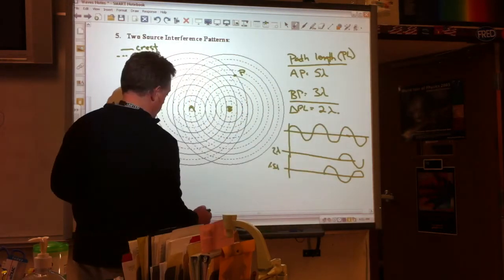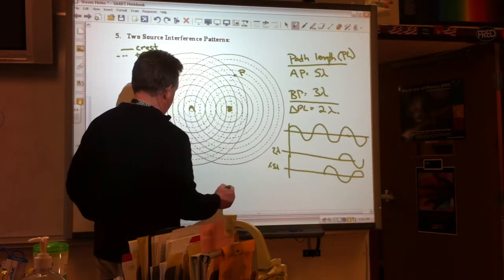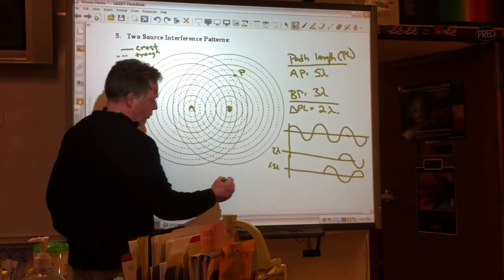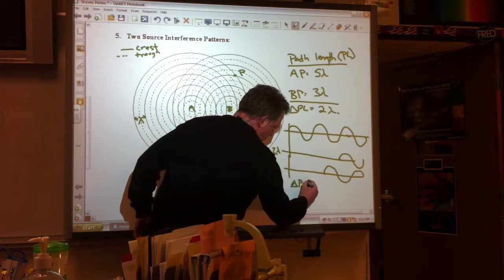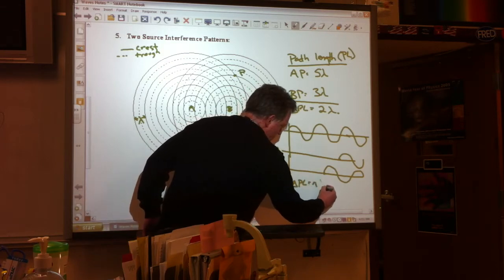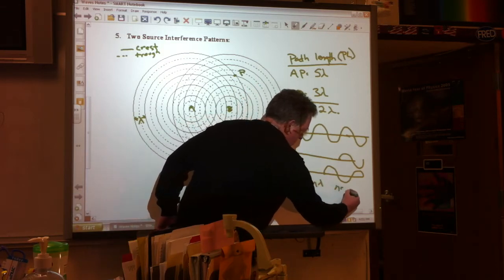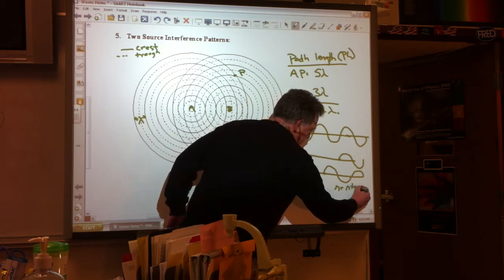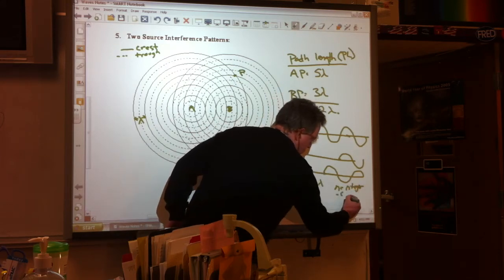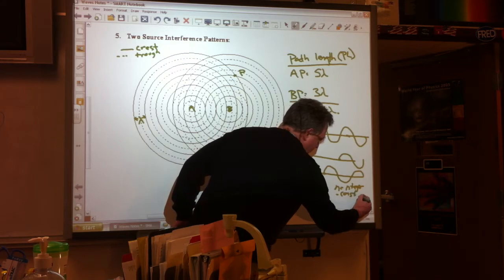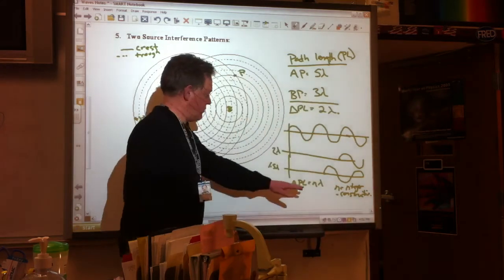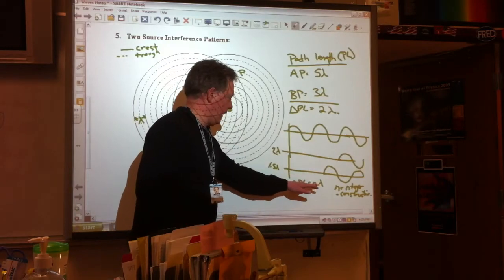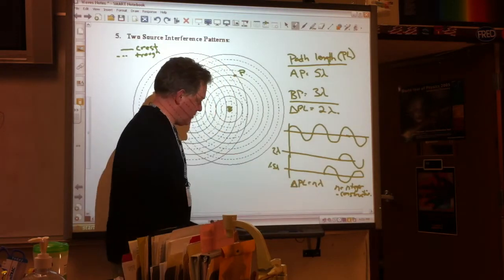So we're going to make up a little rule: if the difference is a whole number of path lengths, so if delta path length is equal to n times lambda, where n is an integer, we're going to get constructive interference. So if n is 0 or 1 or 2 or 3, we get constructive interference.